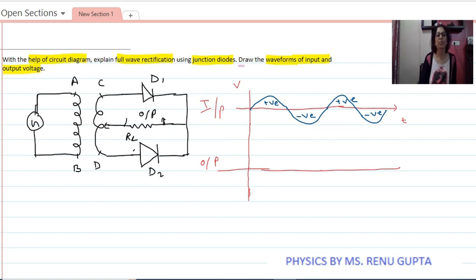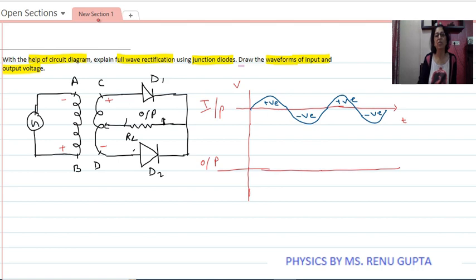If we say that for the positive half of the input cycle, A is negative and B is positive, then C will become positive because here it is mutual induction, and in mutual induction opposite polarity is produced. D will be negative. So now C is positive.